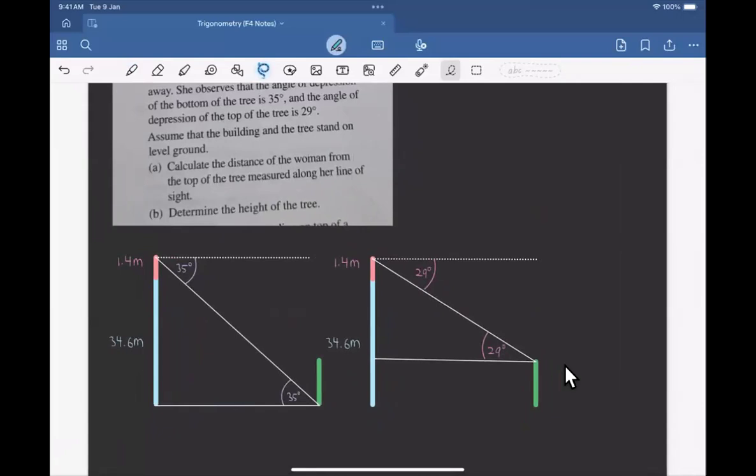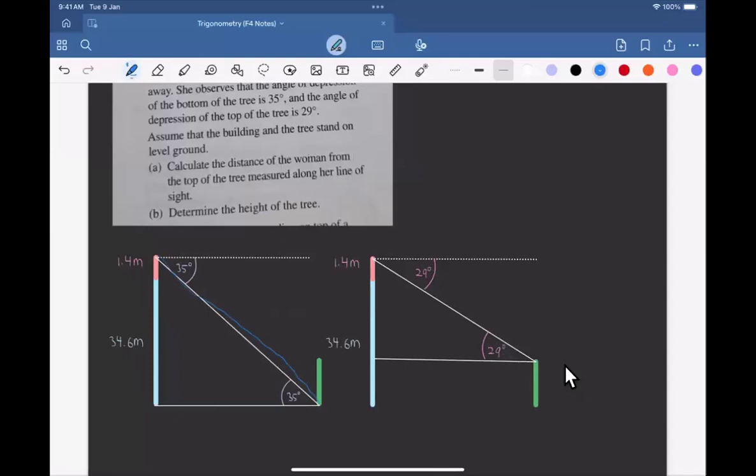You're doing well so far. Aliyah, they want us to calculate what's in the first part: the distance of the woman from the top of the tree measured along her line of sight. You see how she's looking down at the mango tree?